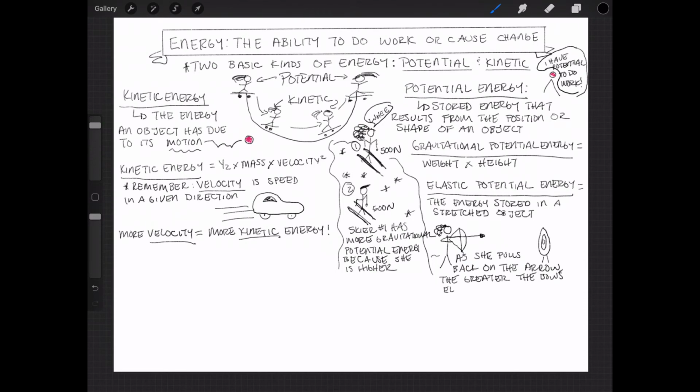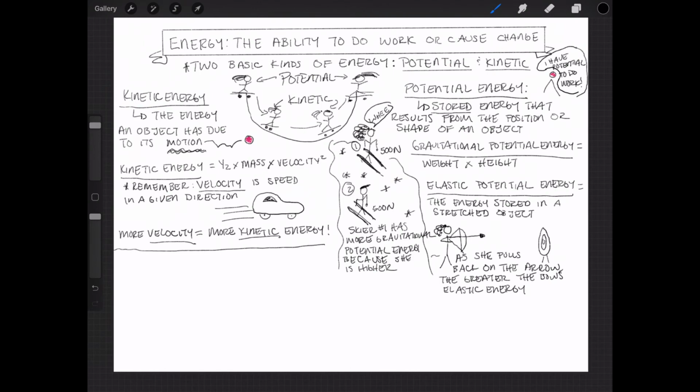Oh, there should be an apostrophe there. Okay, so kinetic energy, the energy of motion, of movement, potential energy, stored energy, results from the position or shape of an object.